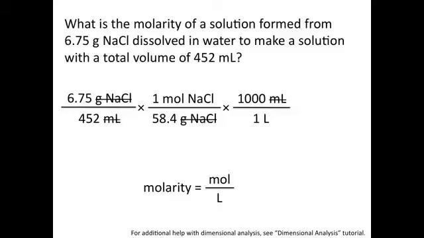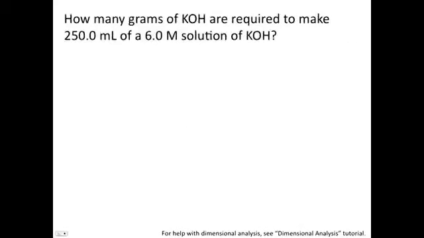Why do we do all this? We are converting the 452 milliliters into liters, which is 0.452. So you can use this computation and it gives you the same answer, and also converting 6.75 grams into moles, you get that value.